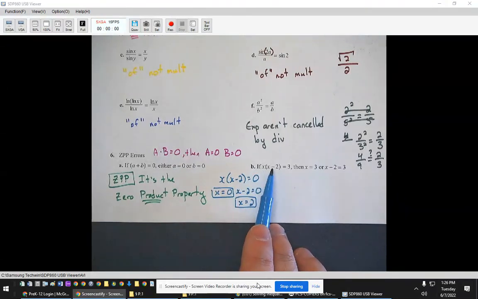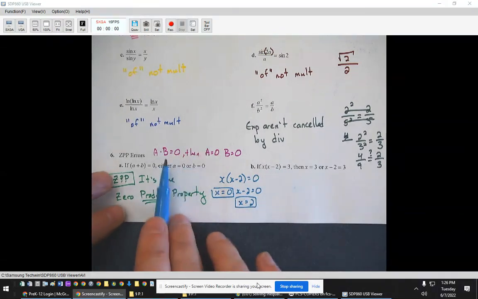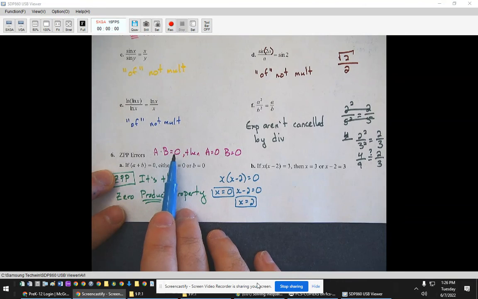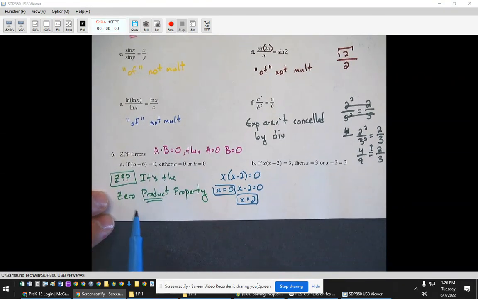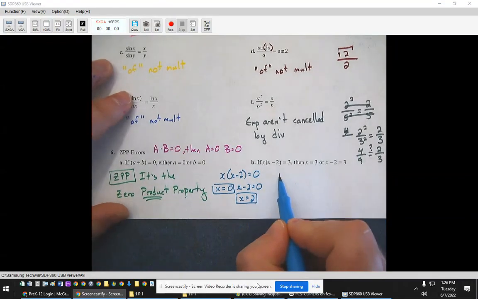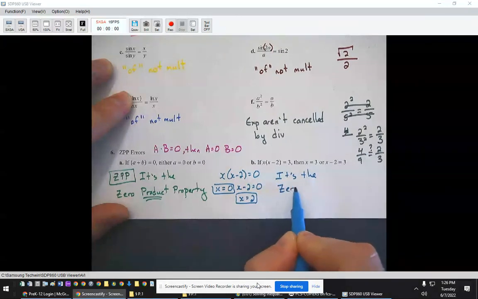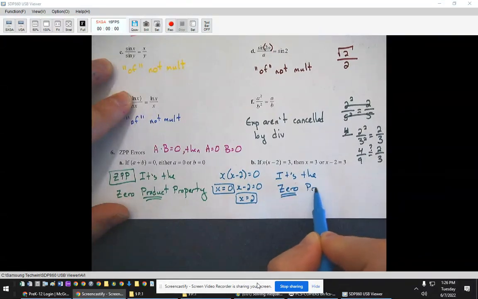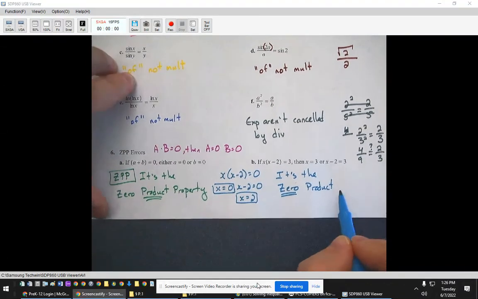There are lots of ways to multiply together and get an answer of 3. There are not lots of ways to multiply together and get an answer of 0. That's why it's called the zero product property, not the 3 product property or the 7 product property or whatever the case may be.